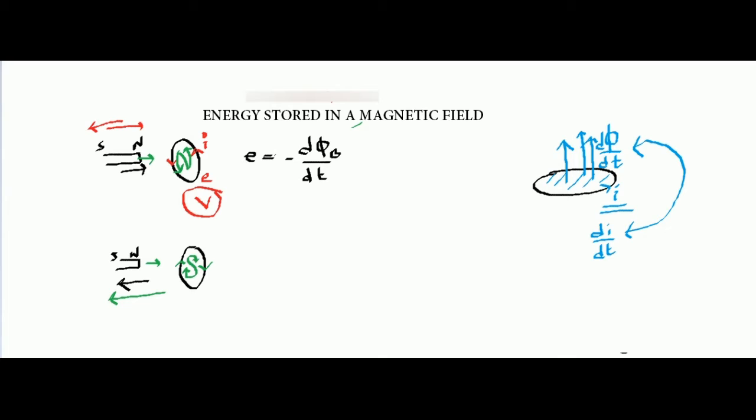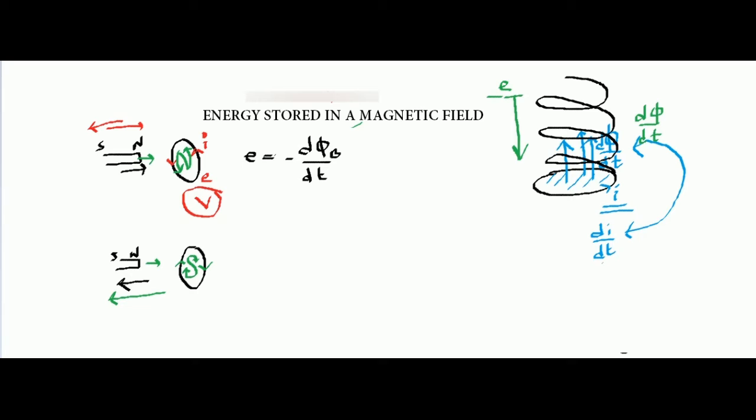Now if this is not one wire but a coil of wires, then this change in magnetic flux due to the changing current will produce an EMF, and that EMF will oppose this increasing current. So the direction of the EMF will be opposite to the direction of flow of current. Agreed?